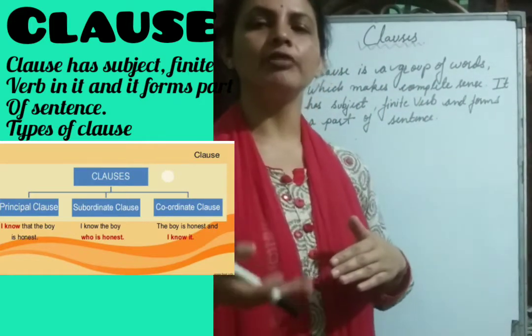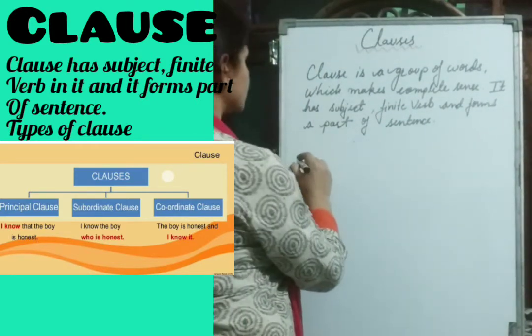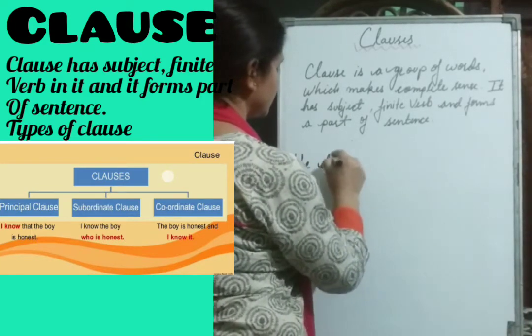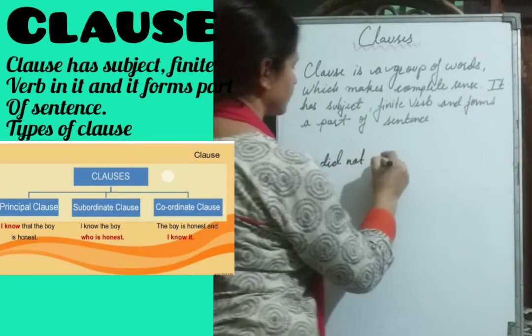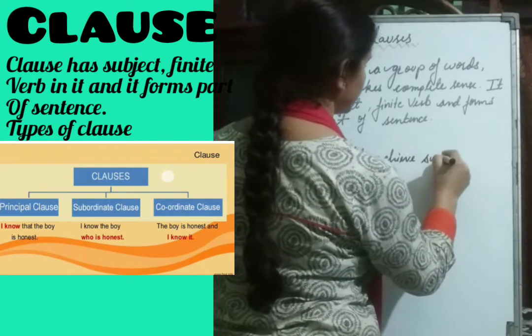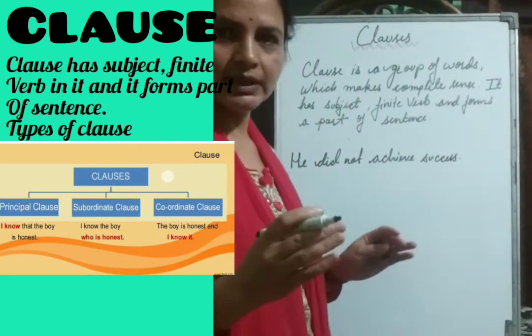So let us differentiate this with the help of examples. Example first: he did not achieve success. This is a simple sentence.